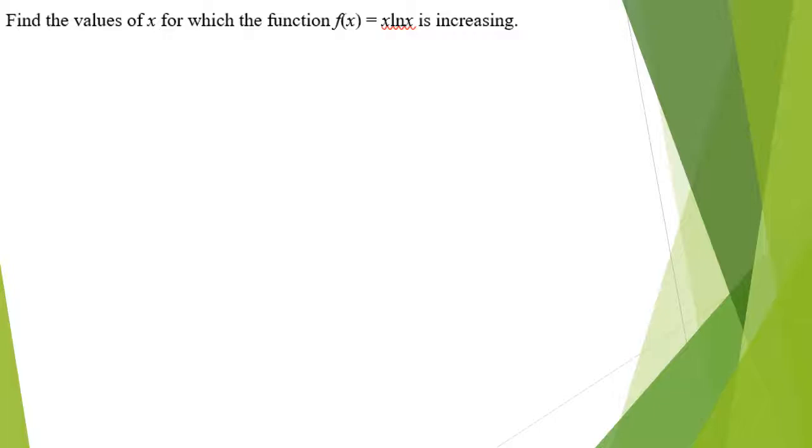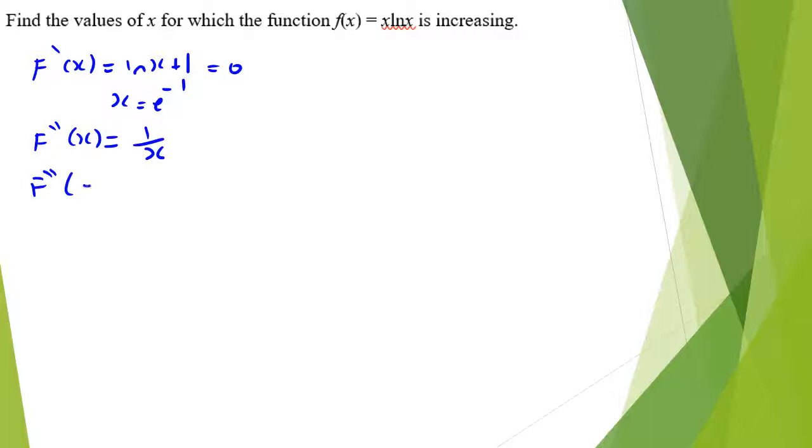The next one is find the x values where this is increasing. So the first step is you will differentiate, that gives you ln x plus 1, make it equal to 0, so that gives you x equal e to the power of negative 1. Now I will double differentiate to find if it is a maximum or a minimum, and that gives me e, which is greater than 0, which means x equals e to the power of negative 1 is a minimum.